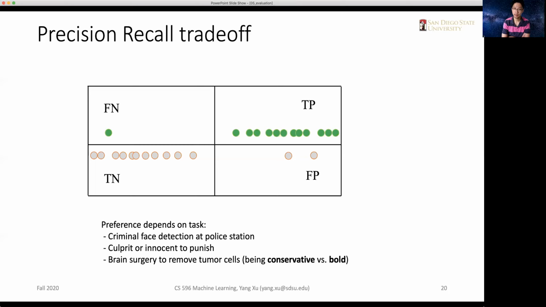Okay, so that depends on the question. Say in a police station, if we use a criminal face detection technique to identify possible suspects, then I think it is okay that the model is bold in making positive predictions. Because the worst outcome is that maybe the police will find the suspects and ask them questions.